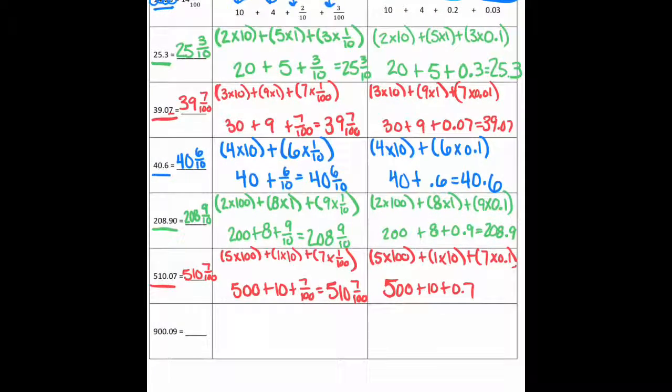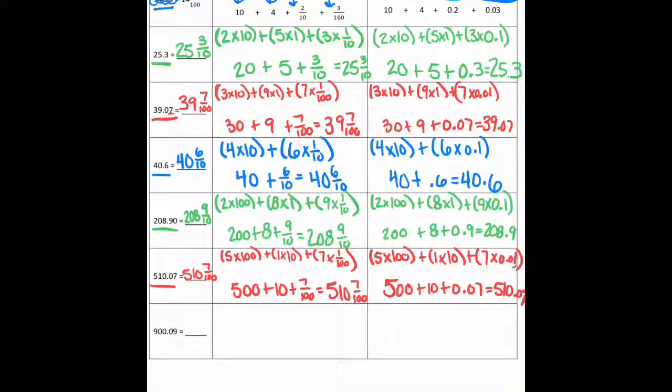That's not correct. We don't want 7/10. We want 7/100. So instead, up here, it should have been 7 times 0.01. And down here, it should be 0.07. Make sure that you don't do that as well. Sometimes it gets a little tricky. So it'd be 510.07. If you can't see that, it ran off the screen.